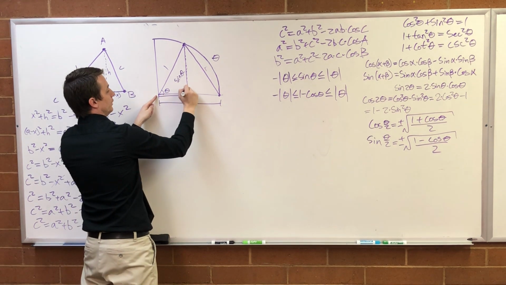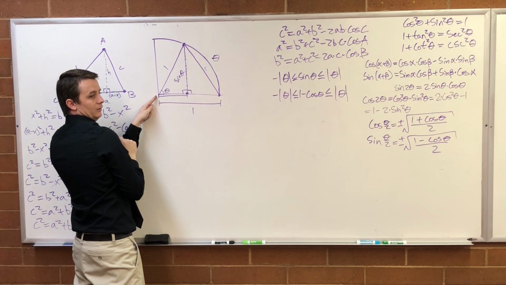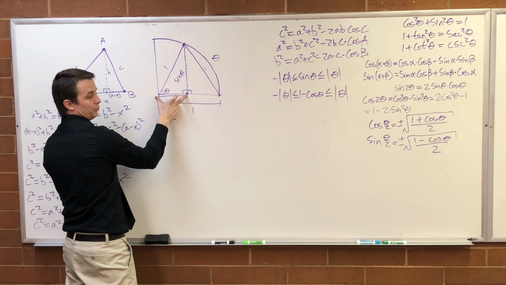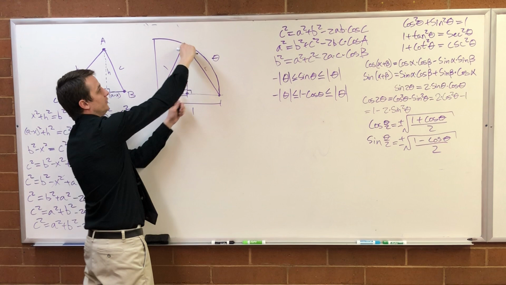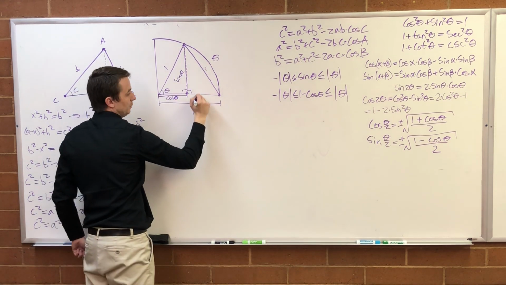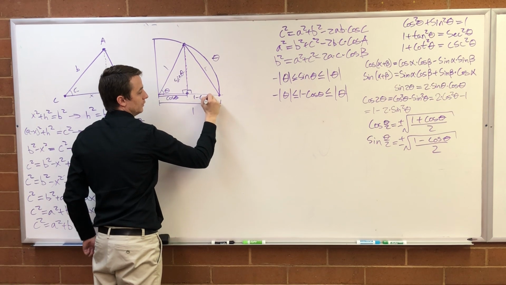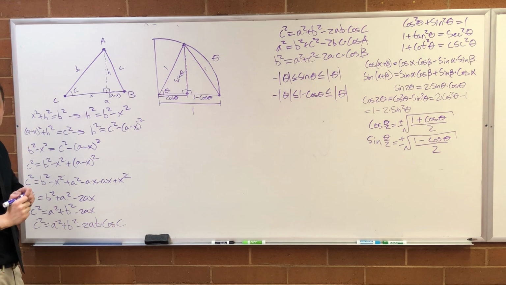Look at this right triangle over here. This portion is just cosine of theta, same reason as this portion is just sine of theta. So then the remaining piece over here is just 1 minus cosine theta. Okay, I'm with you now.